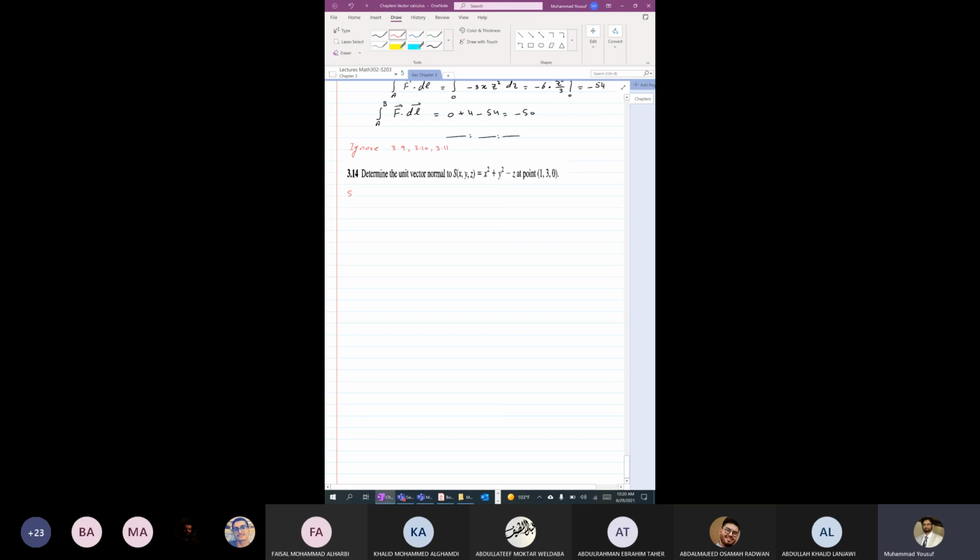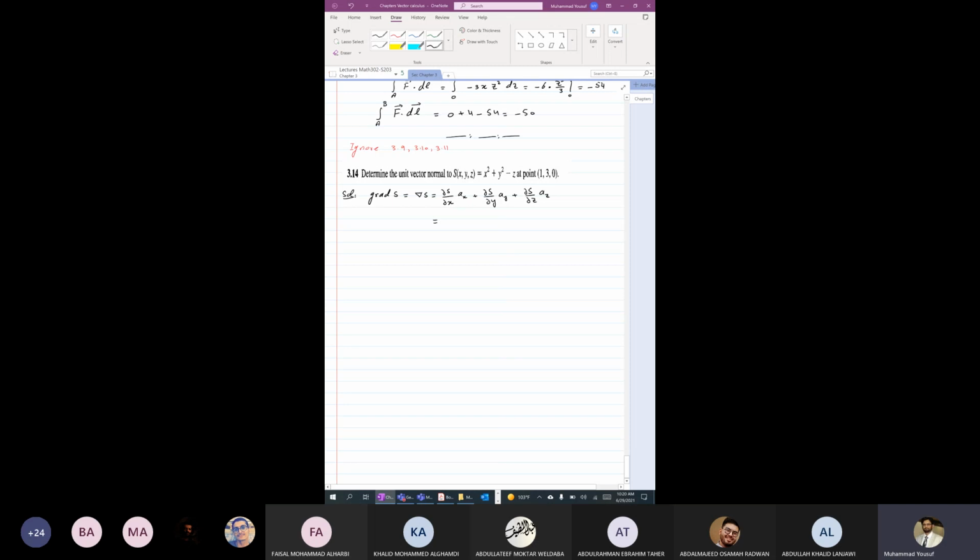Now, Shabab, you need to remember that if we have a surface S, then the gradient of S, also written as del S, is partial S over partial x ax plus partial S over partial y ay plus partial S over partial z az.